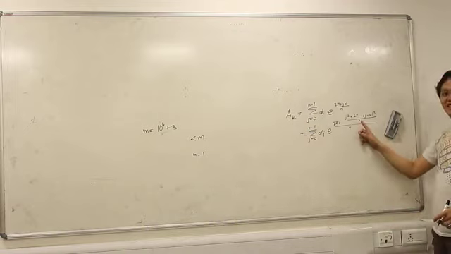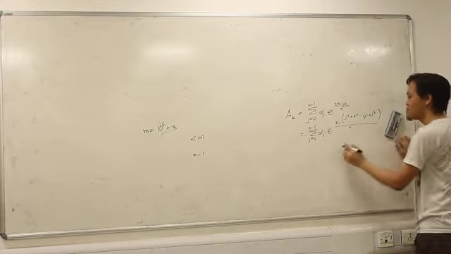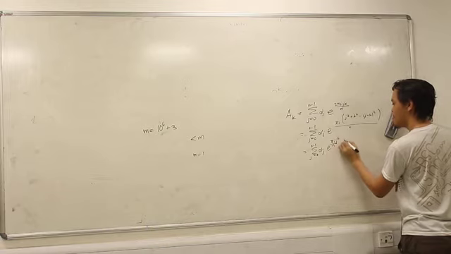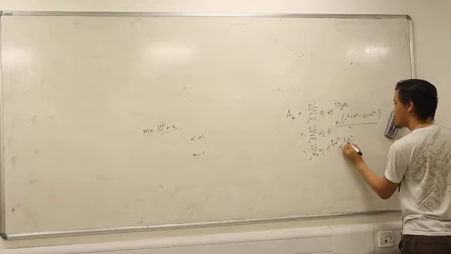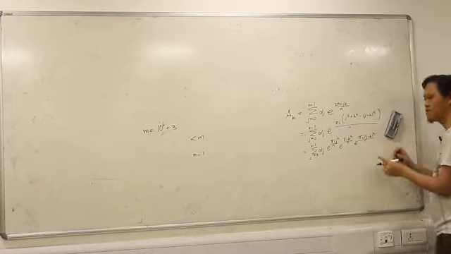We can cancel the 2, right? And now this is part of the exponent, so we can split it into terms. So we have something like this.